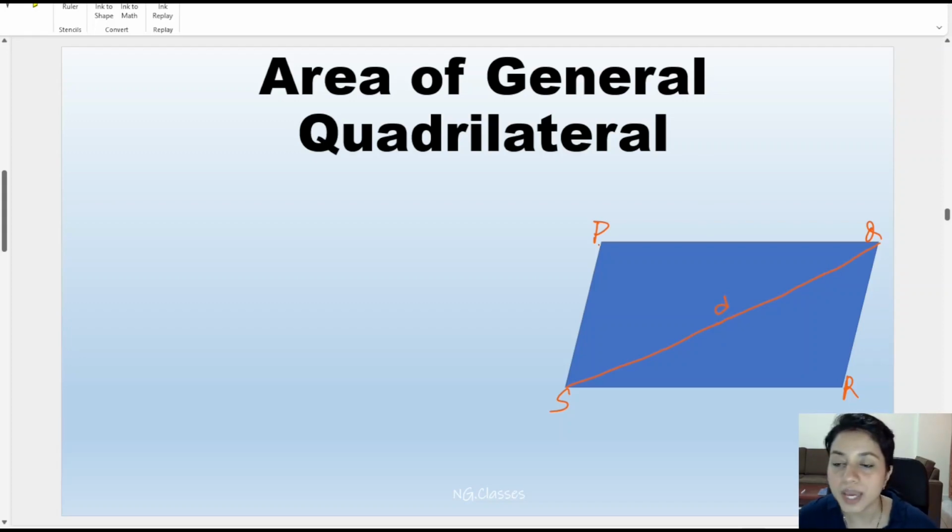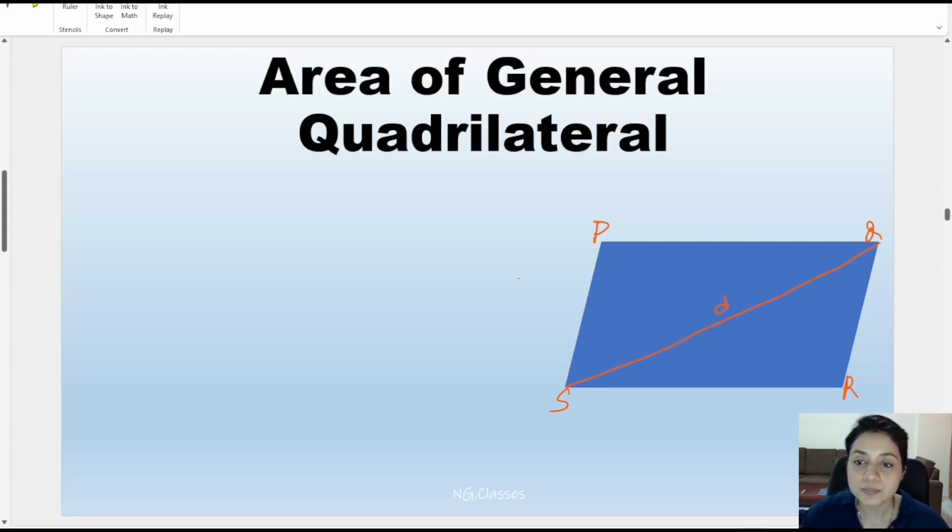Can you see two triangles over here? Yes, I'm talking about triangle PQS and triangle SQR. When we find the area of the triangle PQS and then the area of the triangle QRS, and once we add both the areas, we will end up getting the area of this given quadrilateral.